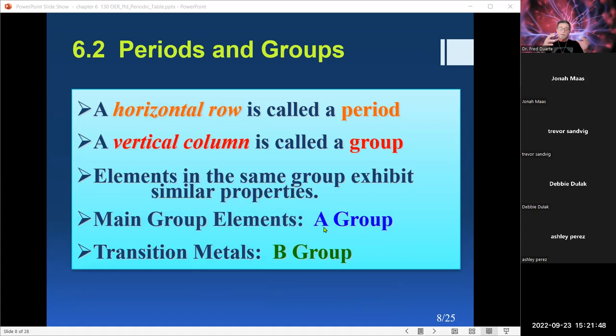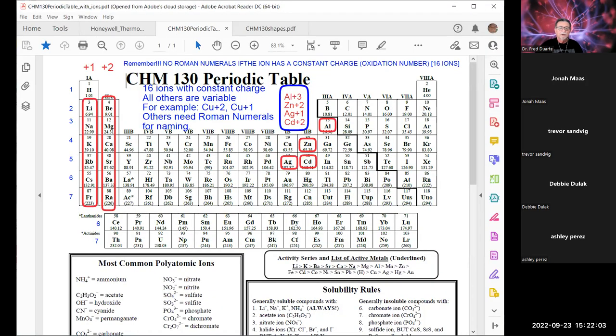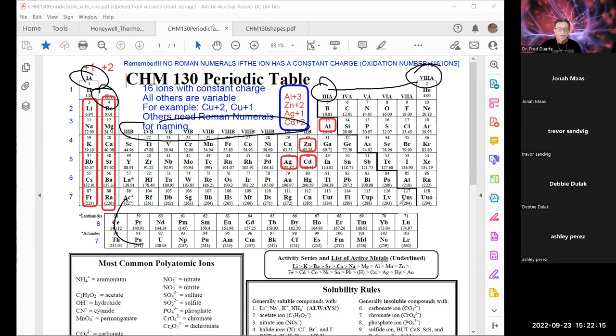Now, there are the main group elements, and those are the ones with the Roman numerals followed by the letter A. And then there are what are called the transition metals, okay? And so the main group elements are from 1A, 3A across through 8A, and then the transition metals are the ones in here and including these, okay?